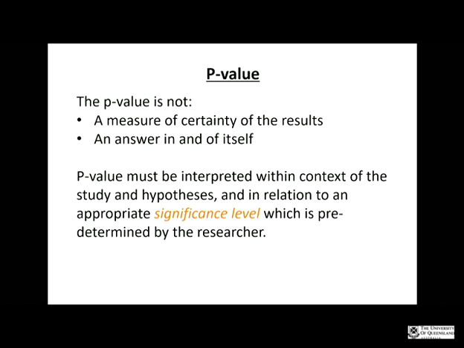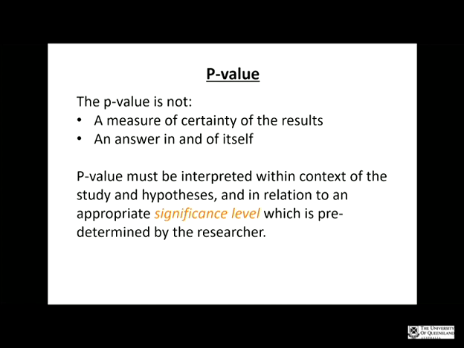And there should be a relationship between the significance value that you select and the actual question that you're dealing with. If it's incredibly important that we don't make an error in deciding whether we accept or reject the null hypothesis, then we set that significance level lower.